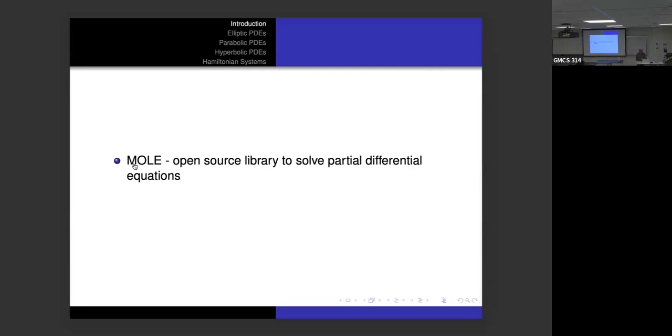And MOLE is not mole like in chocolate, nor mole from chemistry. It actually stands for Mimetic Operators Library Enhanced, and it's based on this underground creature, which is very smart and works very hard. That is the reason it was chosen as the symbol for the library.